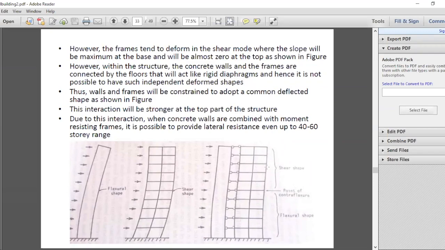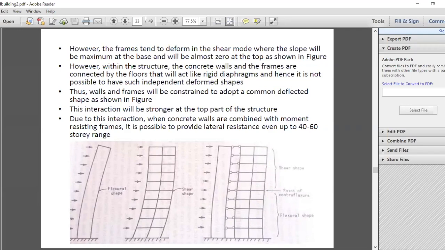Let's say we are considering something like a 40-story building. And for the ease of calculations, we consider each floor is 4 meters in height. So the total height of the building is 160 meters. And let's say we have a fairly long shear wall, 6 meters long.